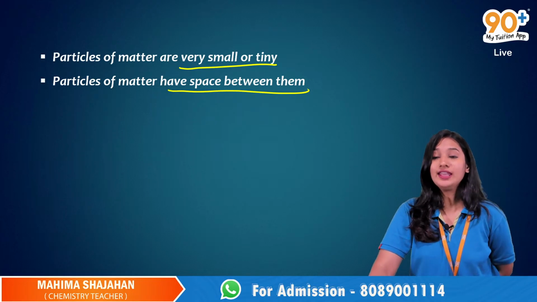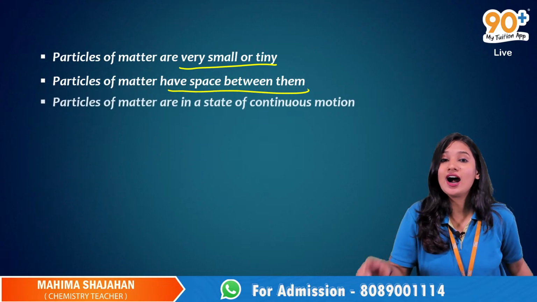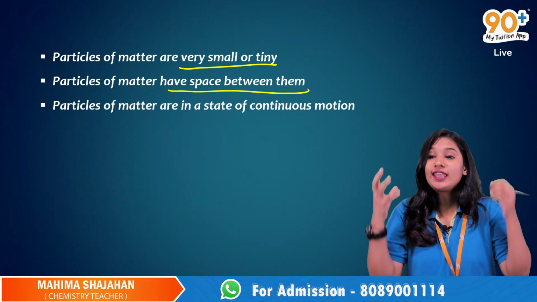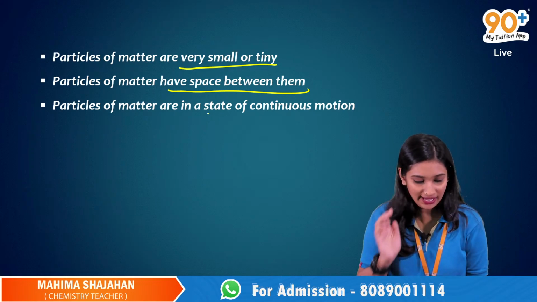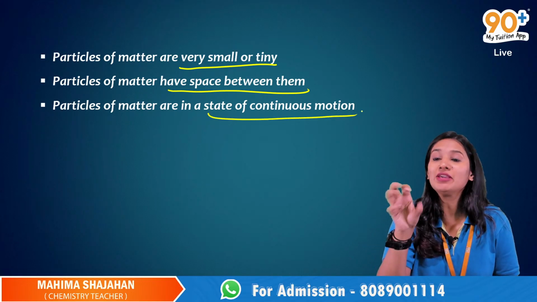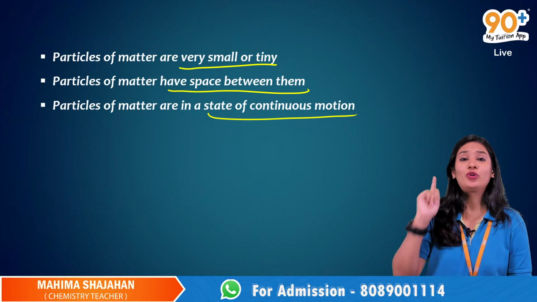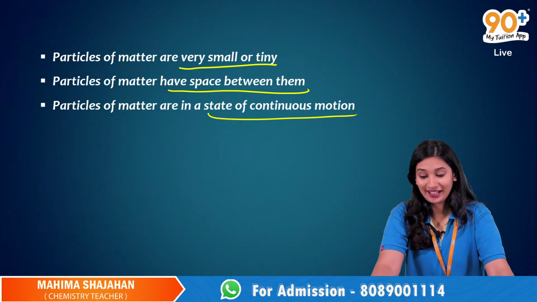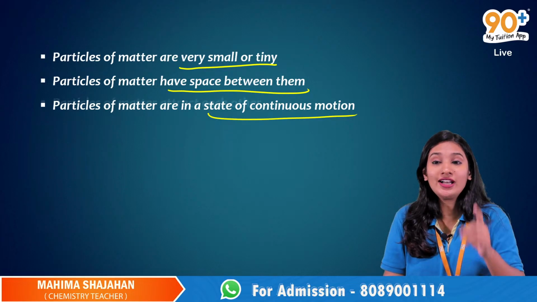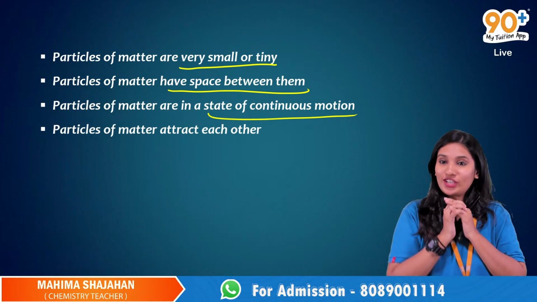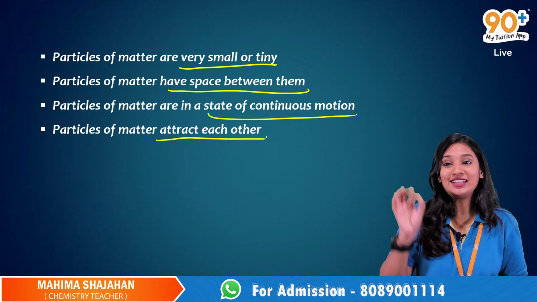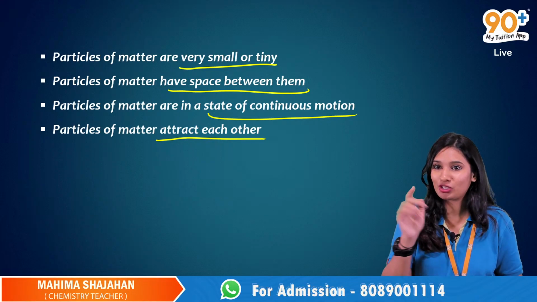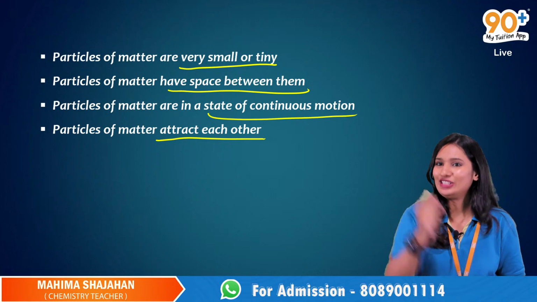Then, these particles are in a state of continuous motion. They are continuously moving. And what was the last one? The particles of matter can attract each other. These are the characteristics of particles of matter. Do you remember them?